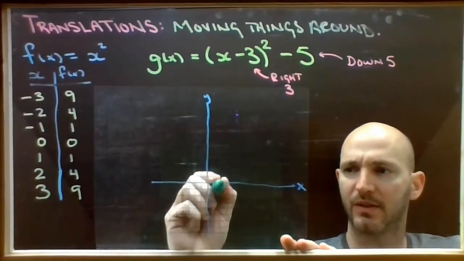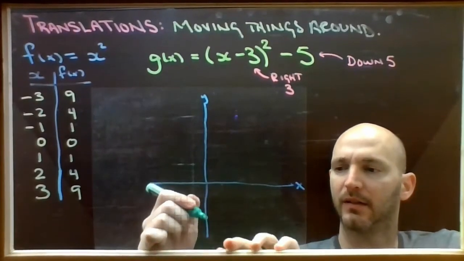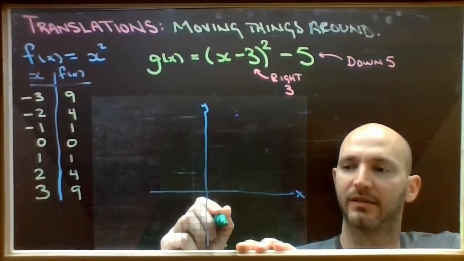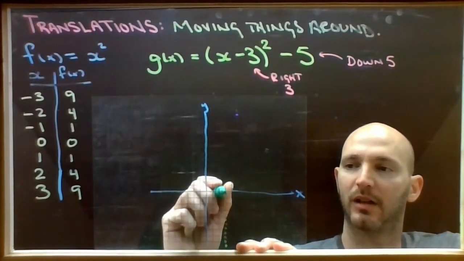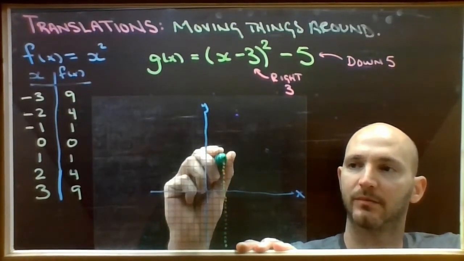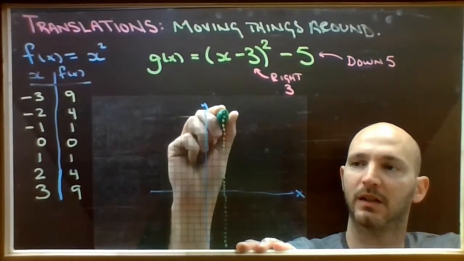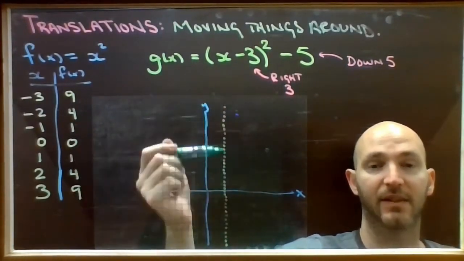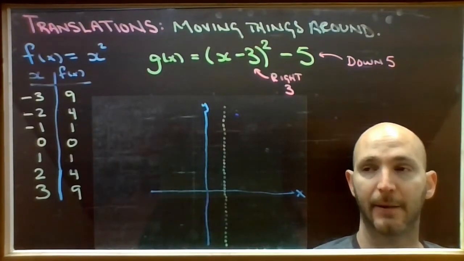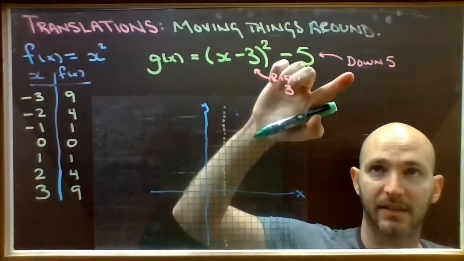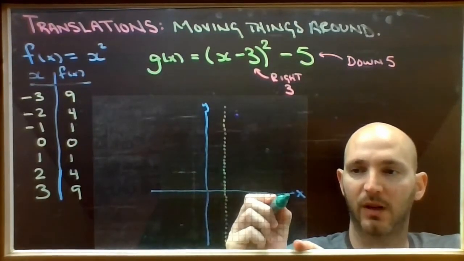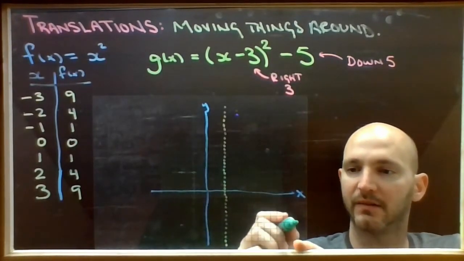So 1, 2, 3. And I'm just going to dash in a new axis. So that is my y-axis translated 3 squares to the right. My x-axis is supposed to be translated 5 squares down. So I'm going to do that. 1, 2, 3, 4, 5.